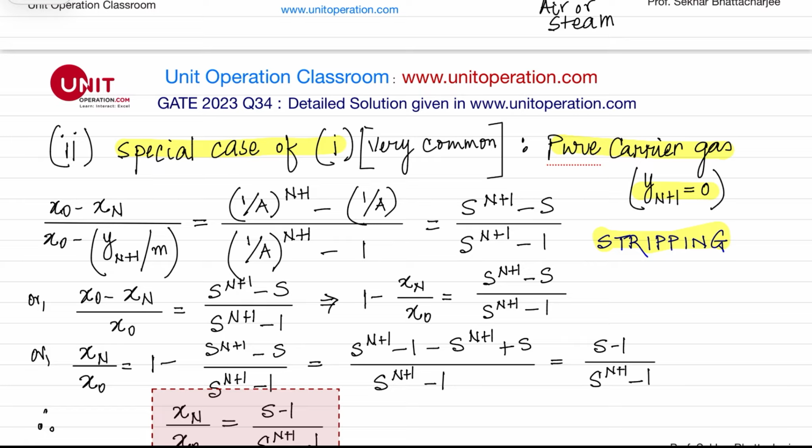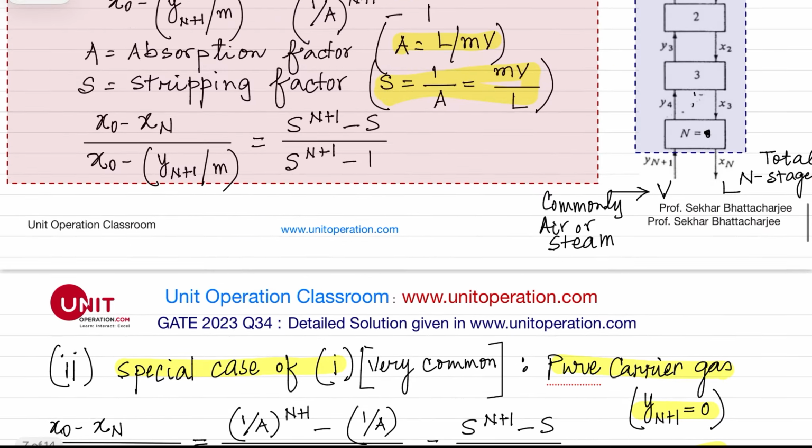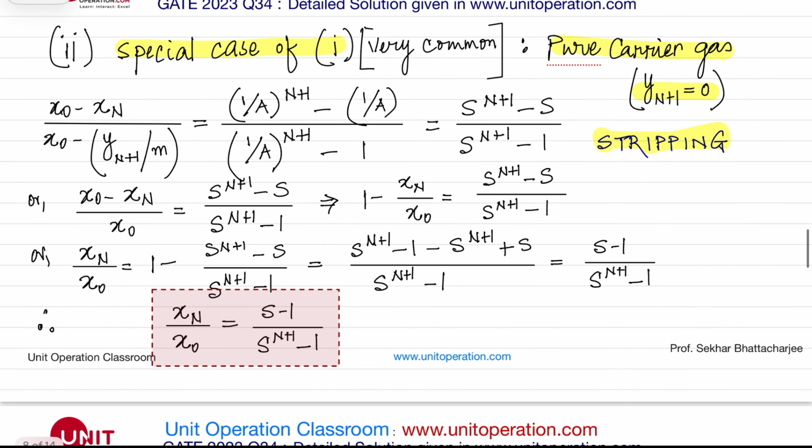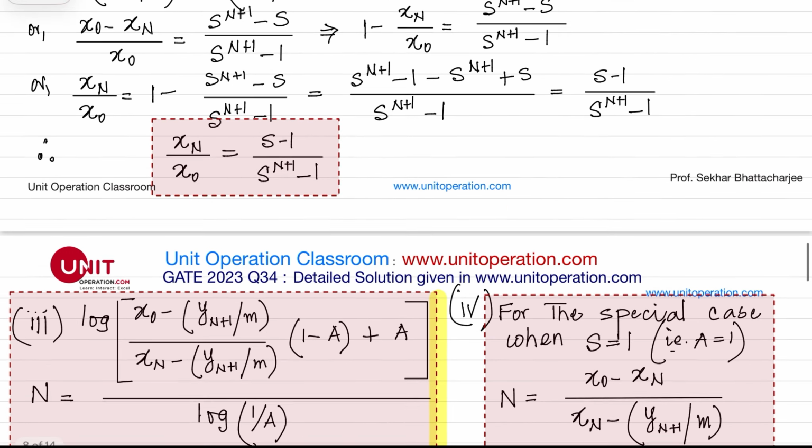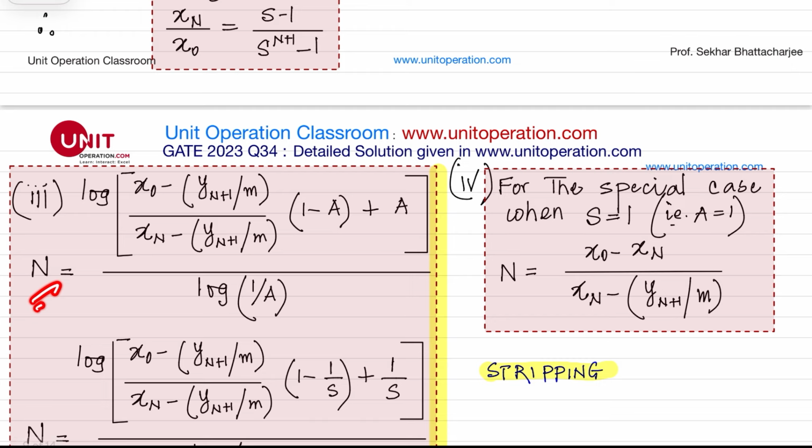Here, this equation is for yn plus 1 equal to 0, rewritten in the form of this equation. If you want to find out the number of stages, then this is the equation here.